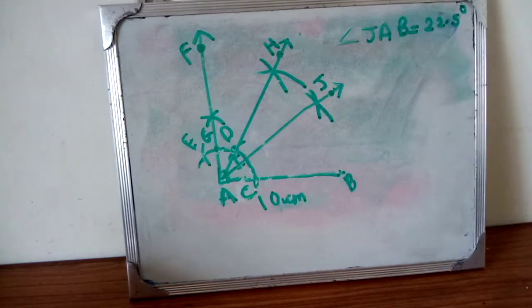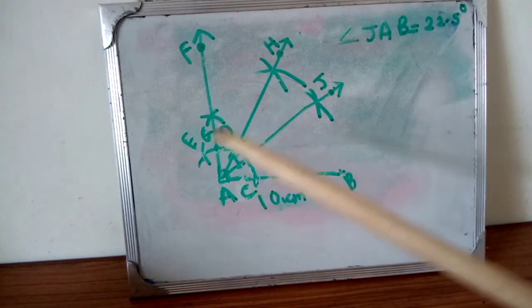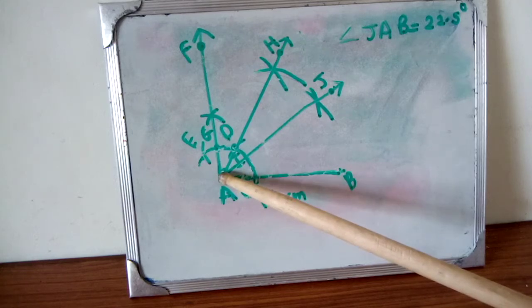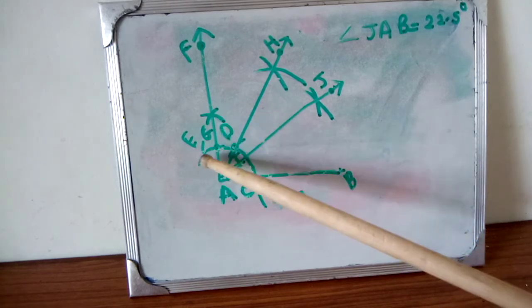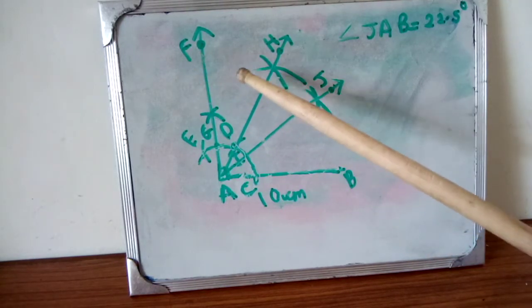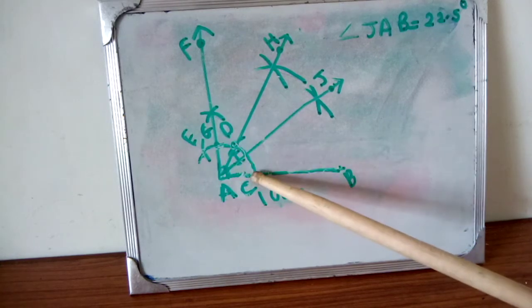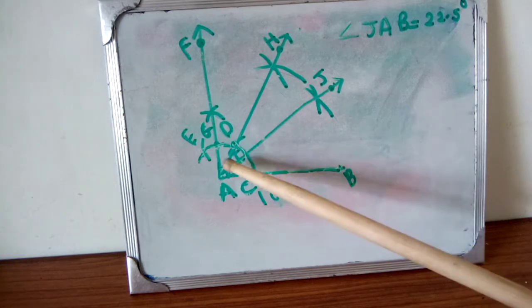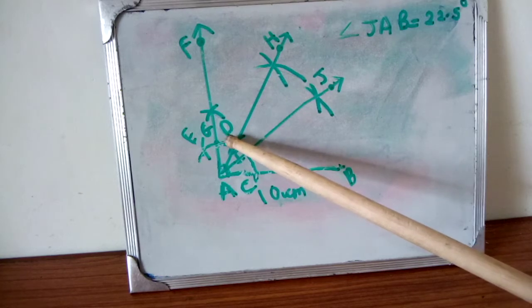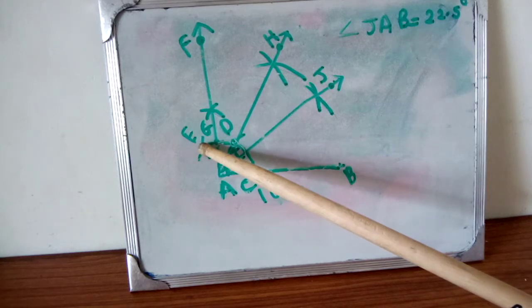Okay, so the steps for this construction was, first we made a line segment AB, then we kept the tip of the compass at point A and we had drawn an arc, and then we had kept the compass tip at point C, and with the same radius we had drawn an arc here, and then we kept the compass tip at point D, and with the same radius we had drawn an arc here to intersect the first arc.